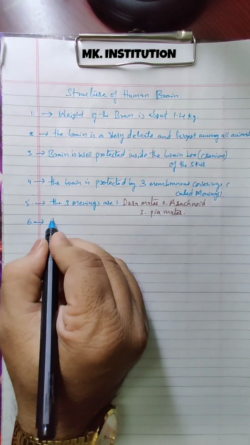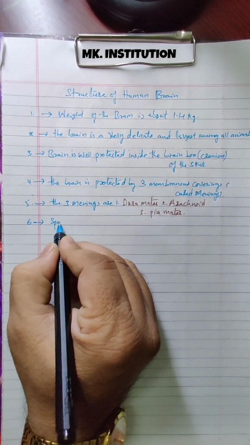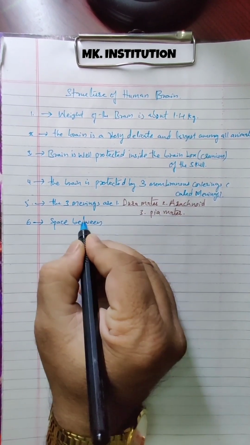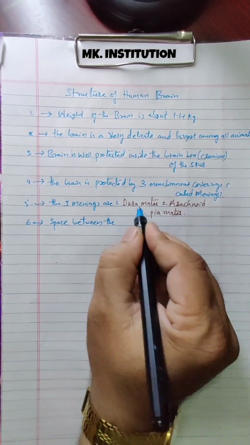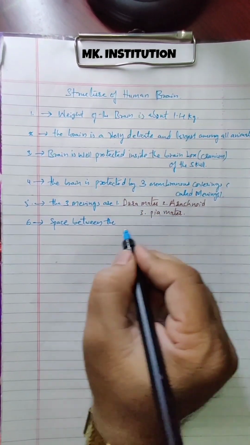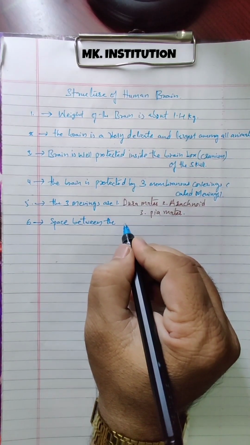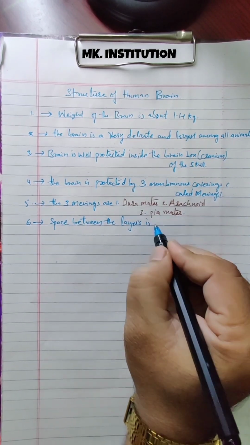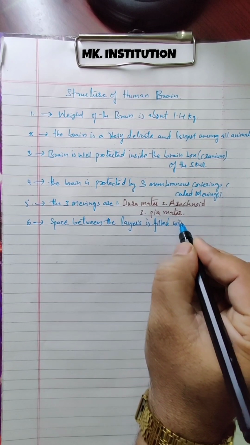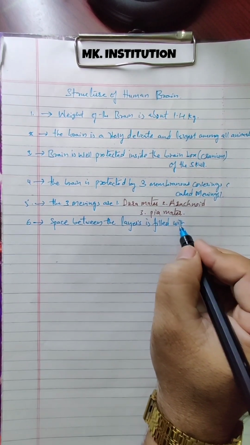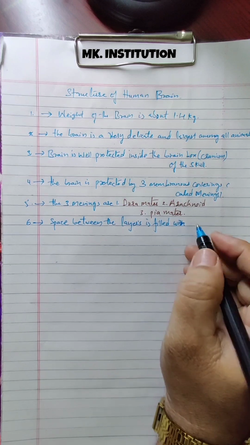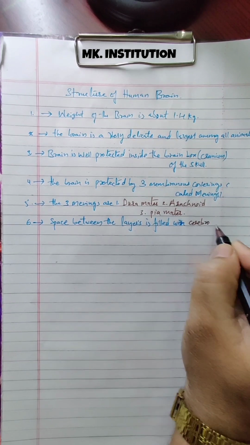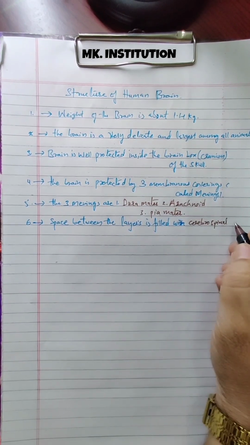Then sixth point, the space between these layers, dura mater, arachnoid membrane, and pia mater, is filled with cerebrospinal fluid.